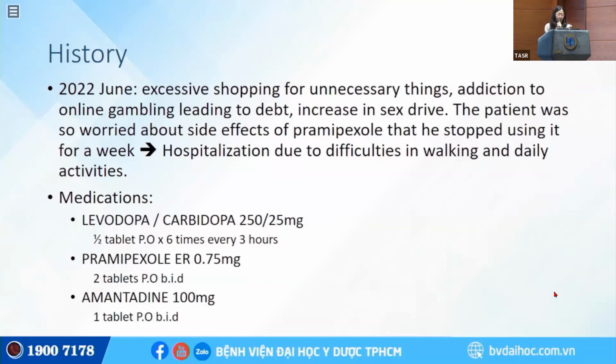He had levodopa, carbidopa 6 times a day, half a tablet, pramipexole ER 4 tablets a day, and he also used amantadine twice a day.